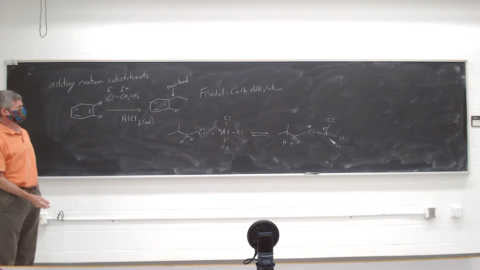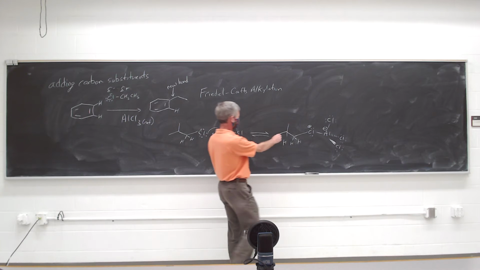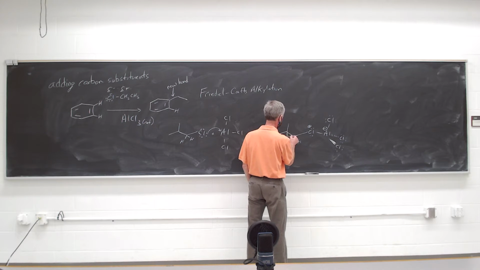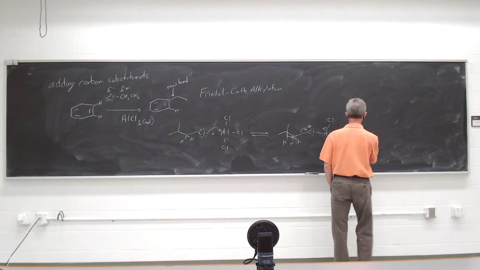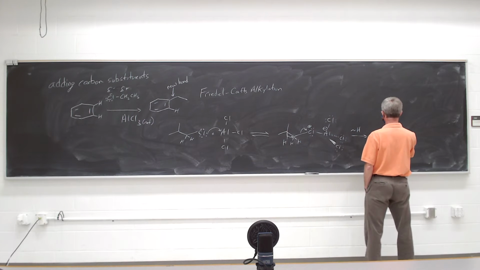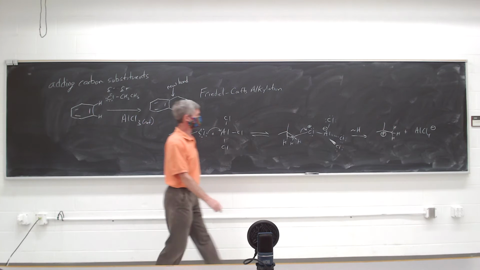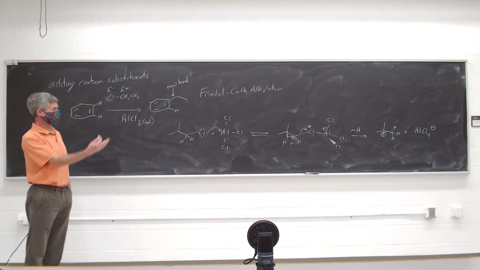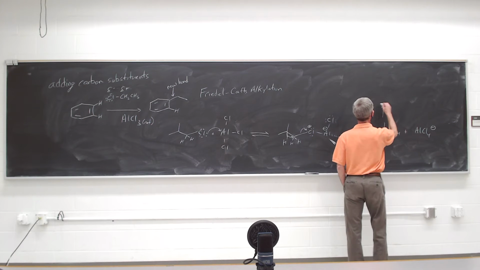Now aluminum would think about taking that chlorine and leaving, and this hydride would help it by moving to generate not the isobutyl cation that we wanted, but the tertiary butyl cation, which would be fine if what we wanted was tertiary butylbenzene.